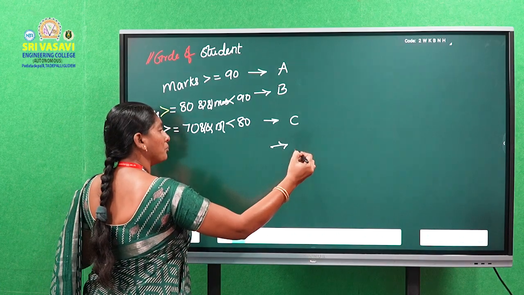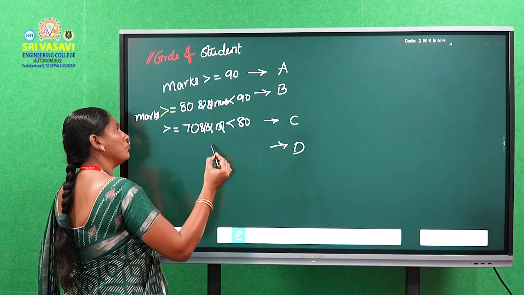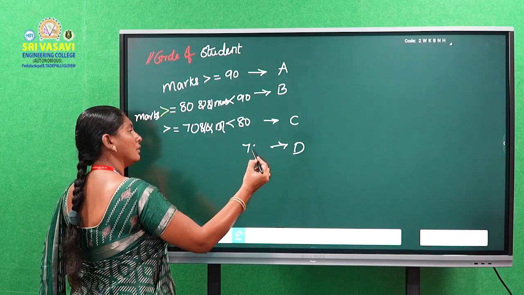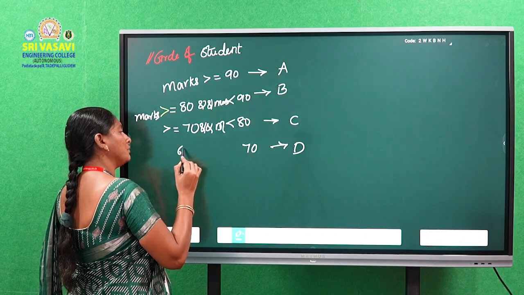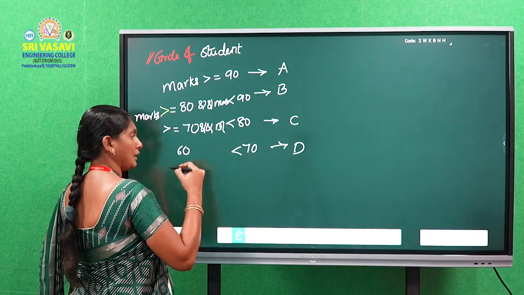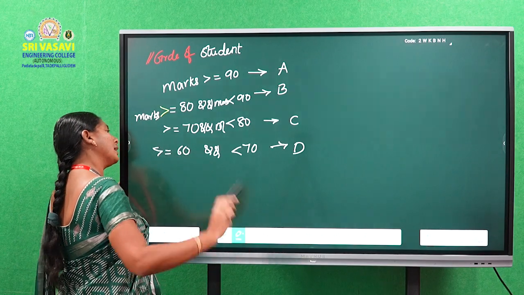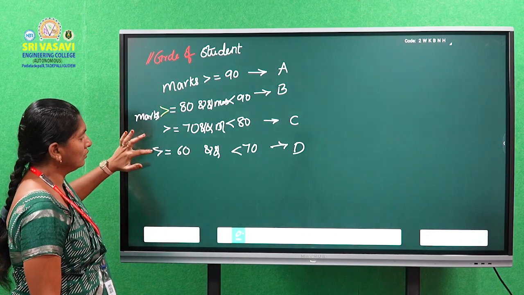Similarly, for the next grade the marks should be between 60 and 70, that means less than 70 and greater than or equal to 60.